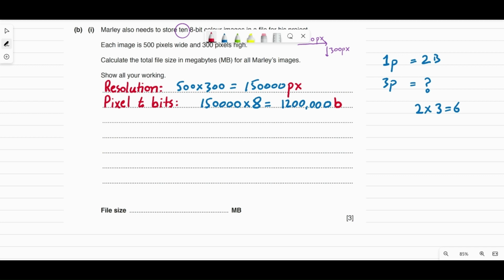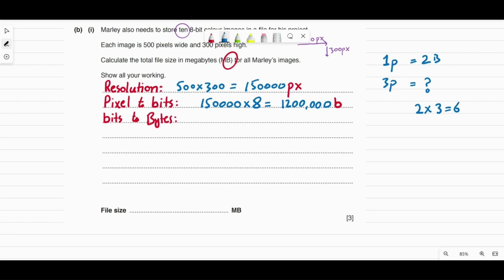Now we need to convert bits to bytes, because the final unit is bytes. We know after bit comes the byte, so we will convert the bits part to bytes, then we will look for the mega part. The third step is bits to bytes, and there are 8 bits in a byte.